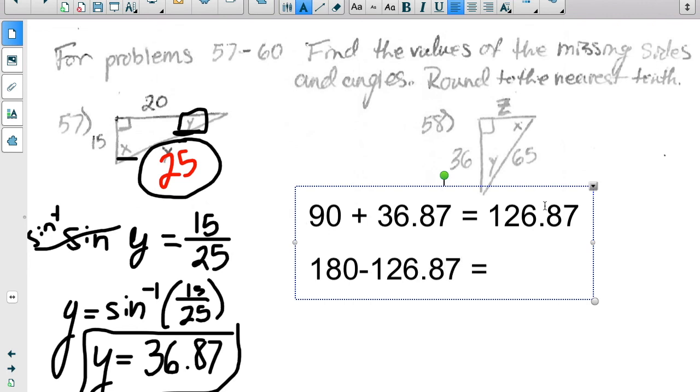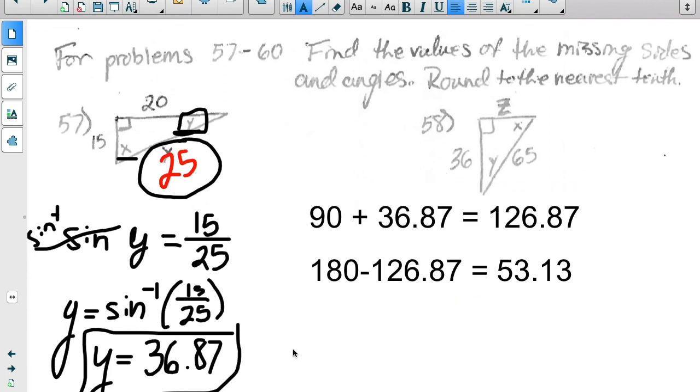And if we subtract that from 180, we will get 53.13 degrees. So that tells us angle X is 53.13. And that's how we would find the two missing angles and the missing side length.